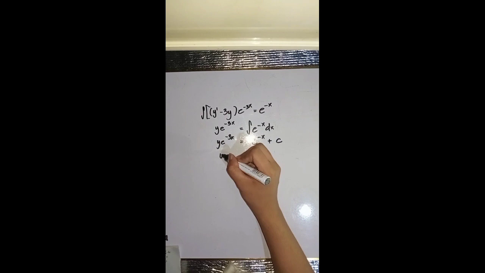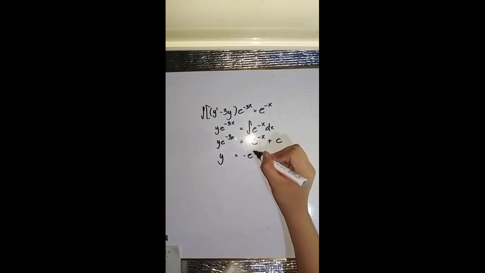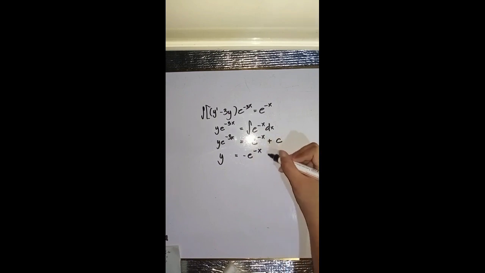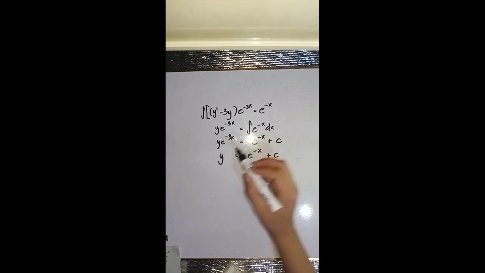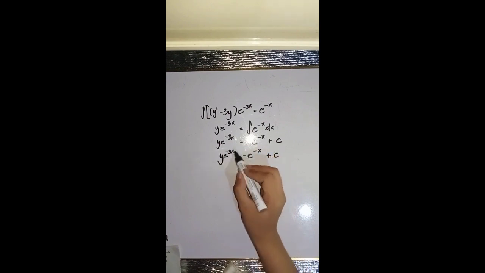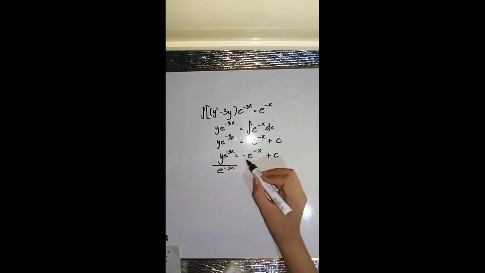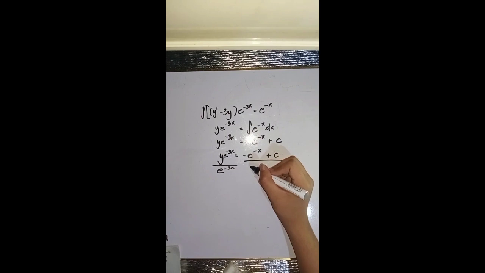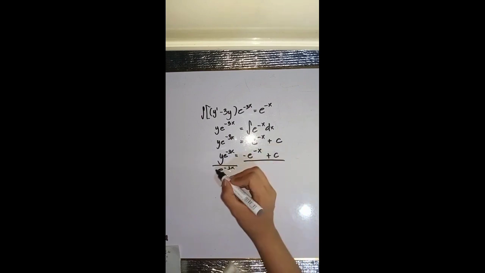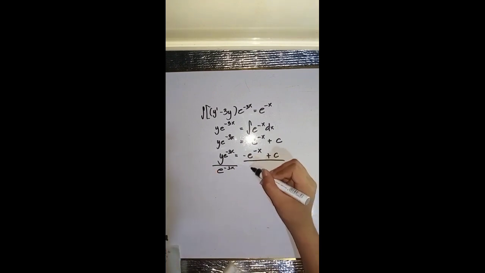Now we need to cancel out the e raised to negative 3x, so y times e raised to negative 3x over e raised to negative 3x equals negative e raised to negative x plus c, over e raised to negative 3x.